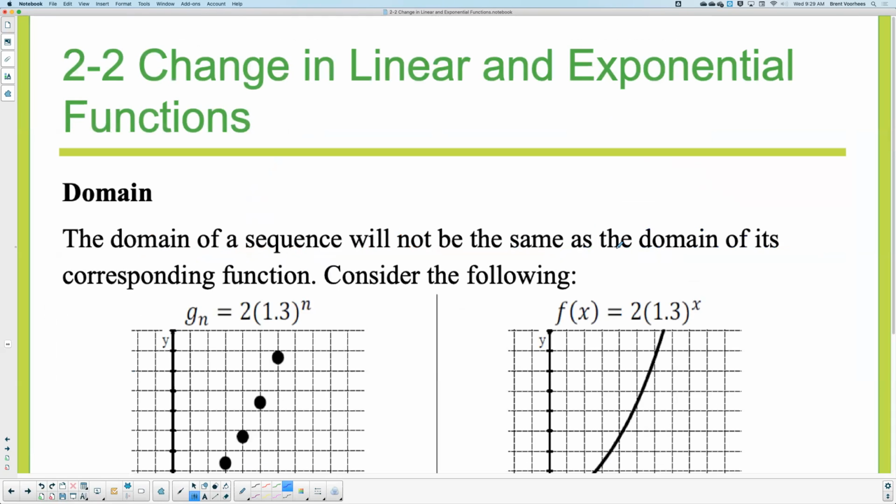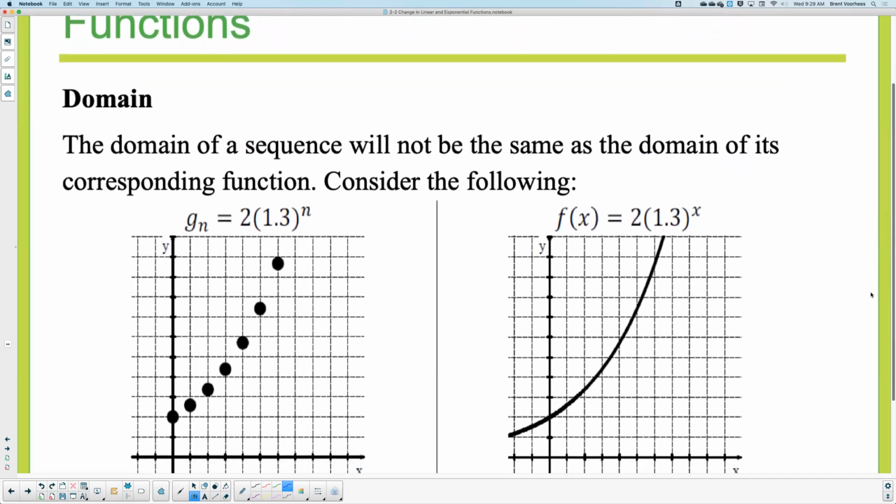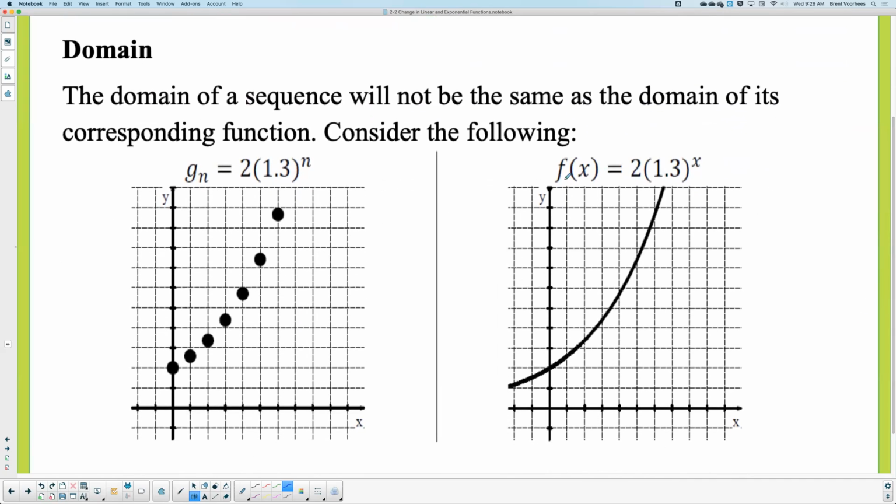All right, so let's say the domain of a sequence, this is what I was talking about a second ago, will not always be the same as the domain of its corresponding function. Consider the following. When you look at this geometric sequence, this has a discrete domain. What do I mean by that? It's just the whole numbers.